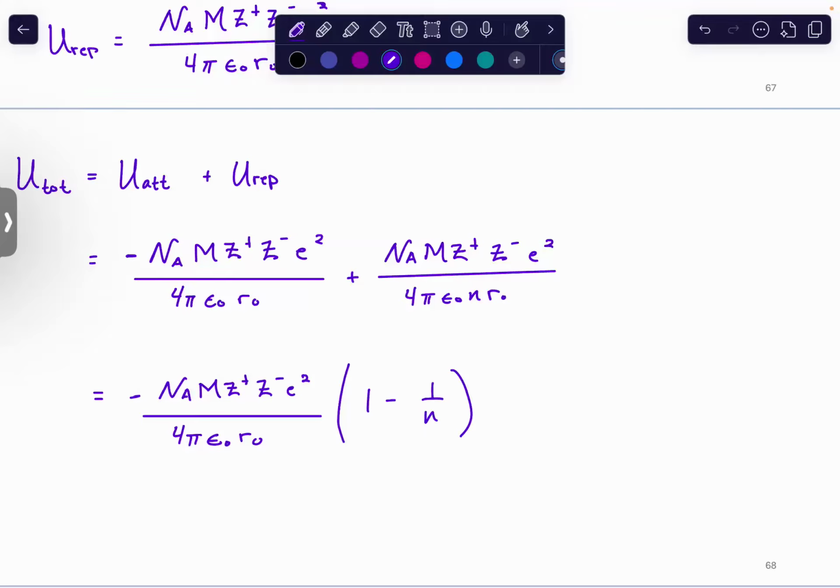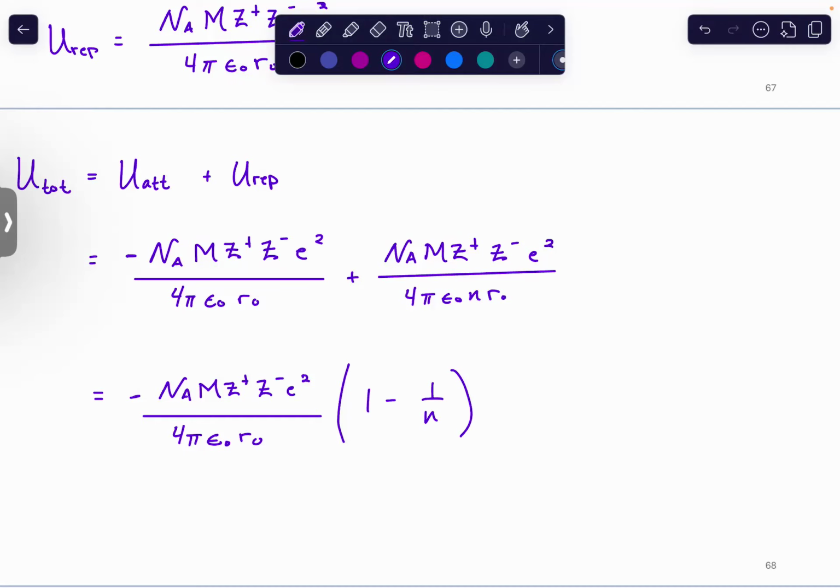And of course, that n is our Born exponent. And so we end up at the Kapustinskii equation. This is going to be a measure of the internal energy of that coordination environment for this material.